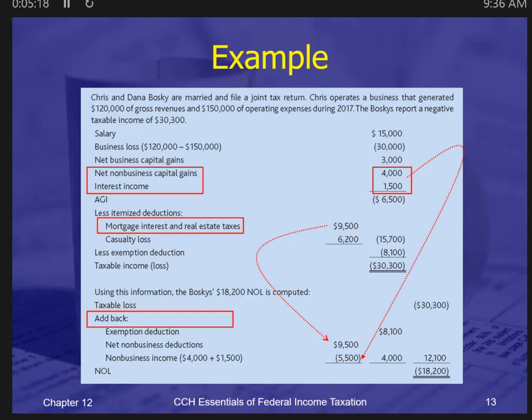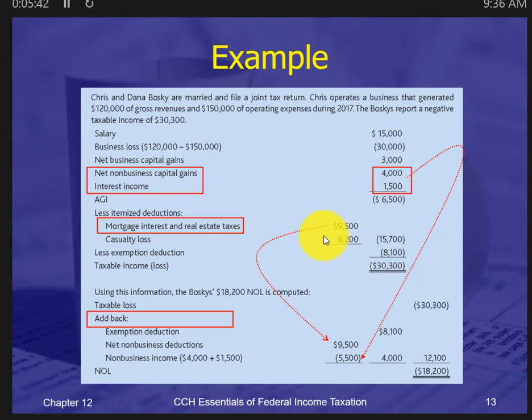Now, another way to think about this is if you were to start with the salary and the business loss and the business gain. So those are all your business items. So add, subtract, add. So that would be a -12. The non-business deductions are almost always going to offset non-business income. So they just offset each other.